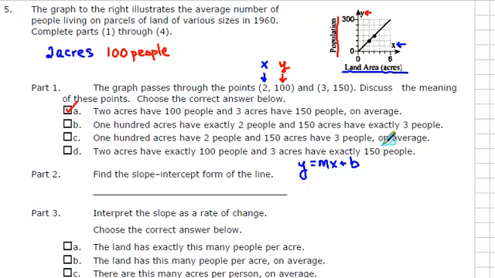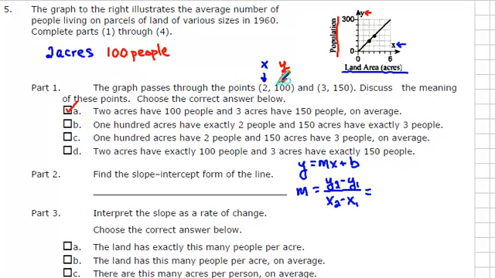In order to find the slope of the line, we need to have 2 points, and in part 1 we were given the points (2, 100) and (3, 150). So let's recall our formula for finding the slope. The slope is equal to y2 minus y1 divided by x2 minus x1, where x1, y1 are the coordinates of the first point, and x2, y2 are the coordinates of the second point.